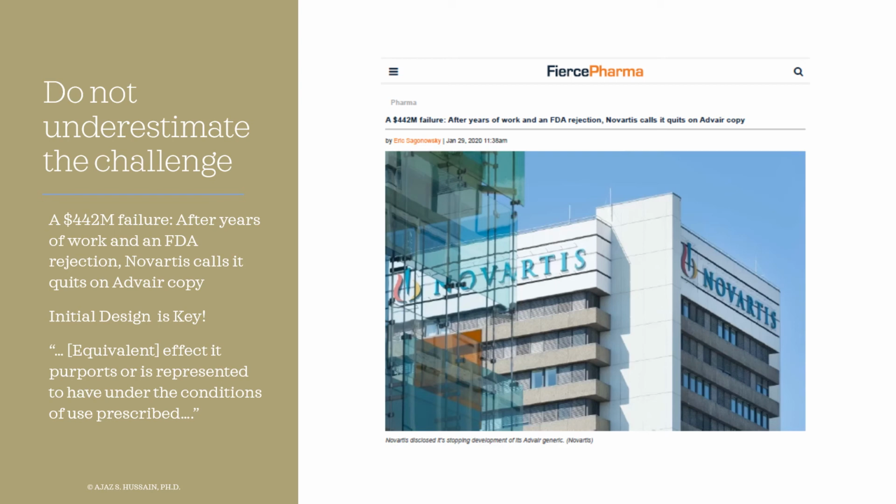We are seeking equivalent effect in what it purports or is represented to have under the conditions of use prescribed. And you have to think about user experience, particularly for drug device combinations, in a very significant way. The lesson from the Tobacco Center of the ICOS is useful.